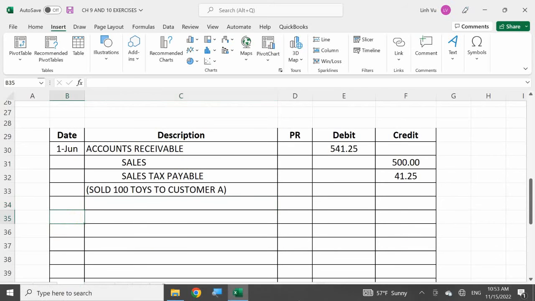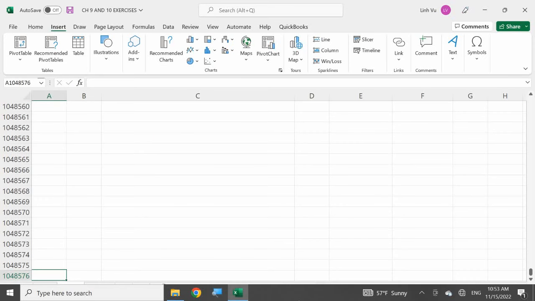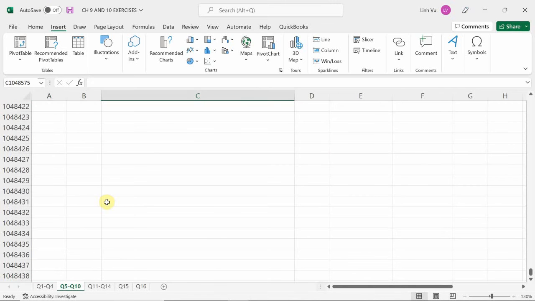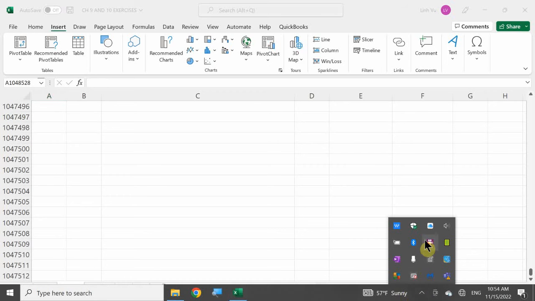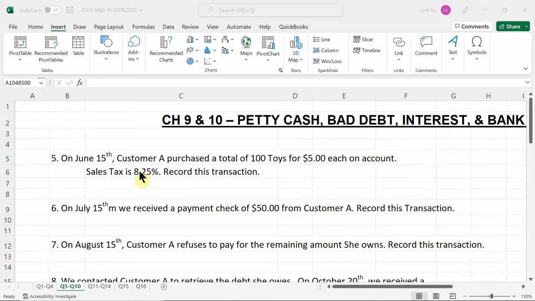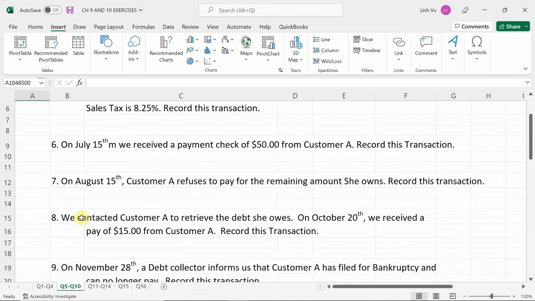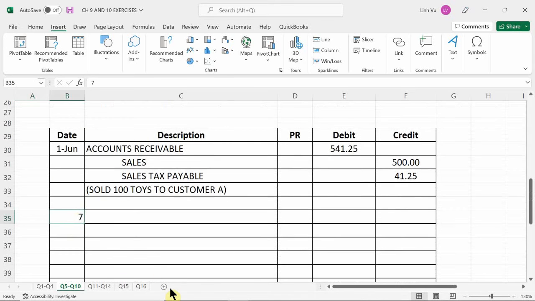So, because we received money, it is July 15, and we received a payment.